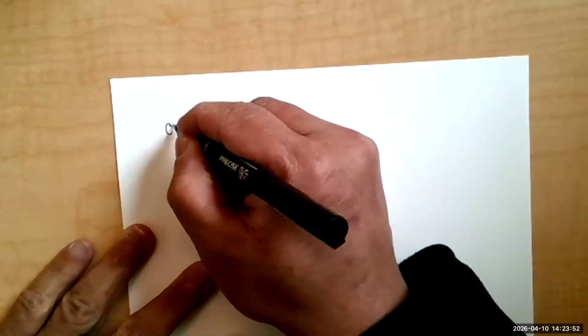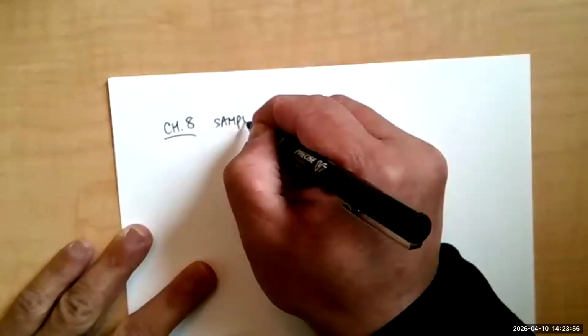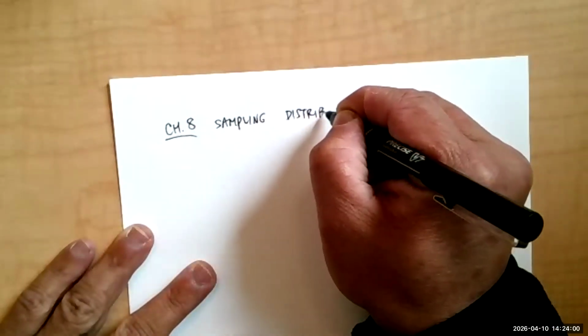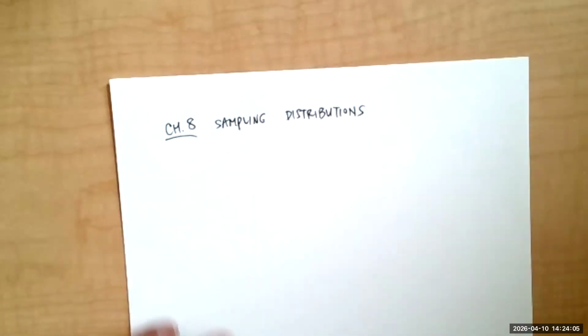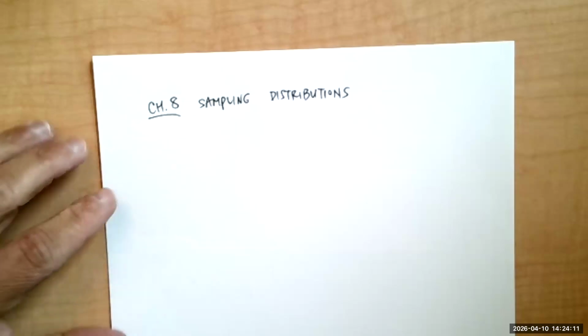For this information in chapter 8, we're talking about the sampling distribution. It can be extended to different parameters, different values that we're computing for a population, taking different samples.